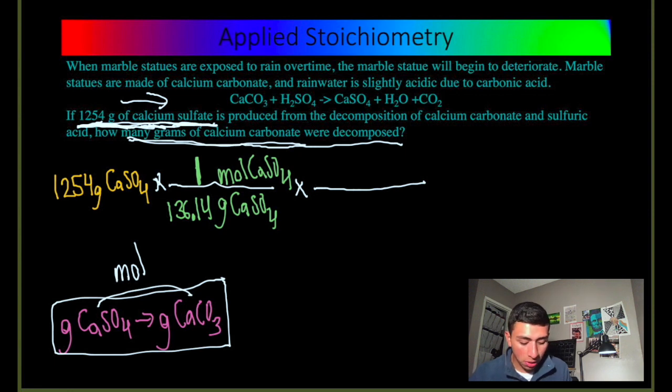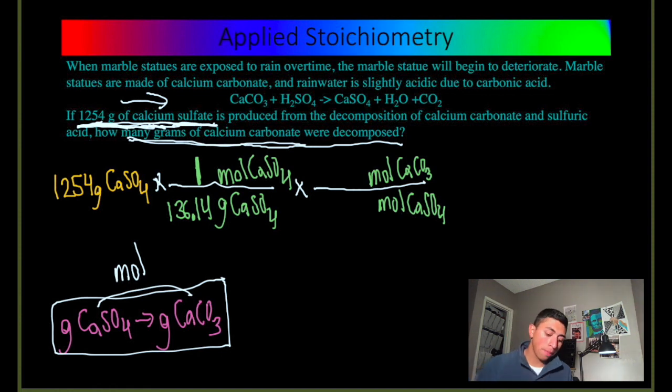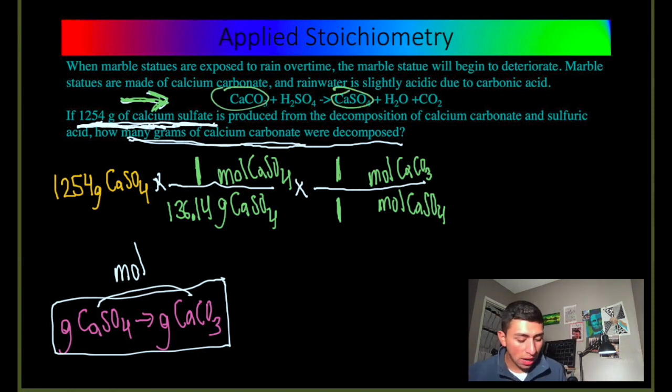Given that our chemical equation is already balanced, everything is at a 1-to-1 mole ratio. For every 1 mole of calcium sulfate, we have 1 mole of calcium carbonate. So that allows us to do that easy conversion there.